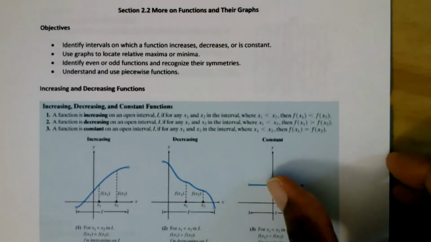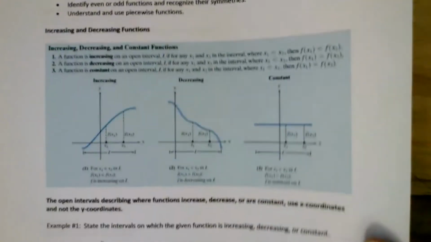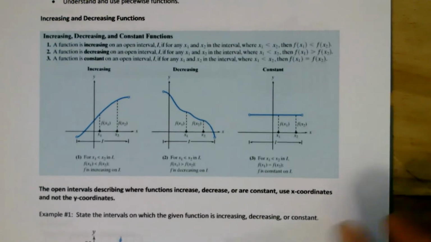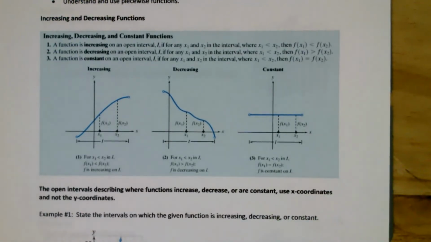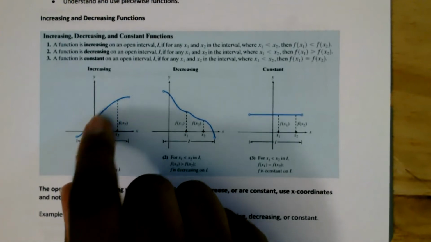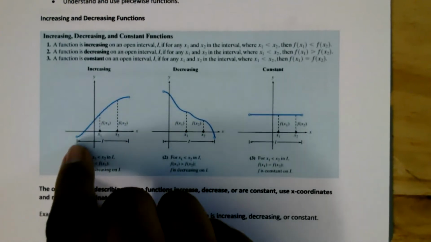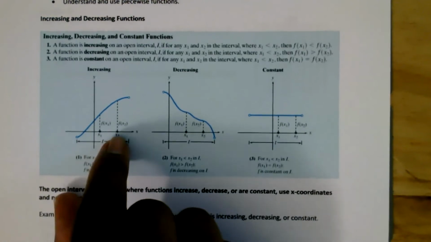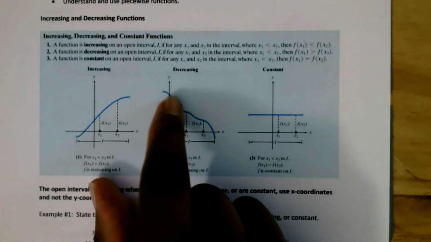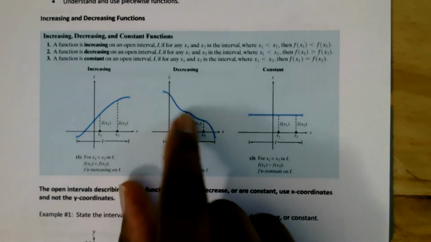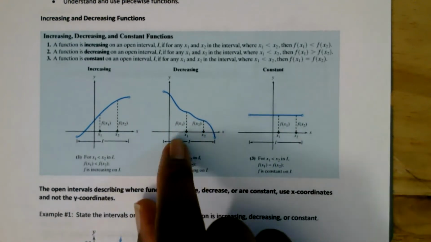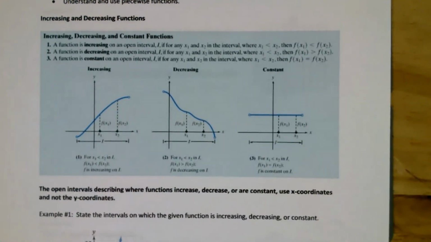So let's talk about increasing and decreasing functions here. In the blue box that you see here are three different types of functions. One, it could be increasing from left to right, as you can see here on some interval from, let's say, A to B. Also, we have a graph that's decreasing, and if you see decreasing, that means that the graph is falling from left to right on some interval.